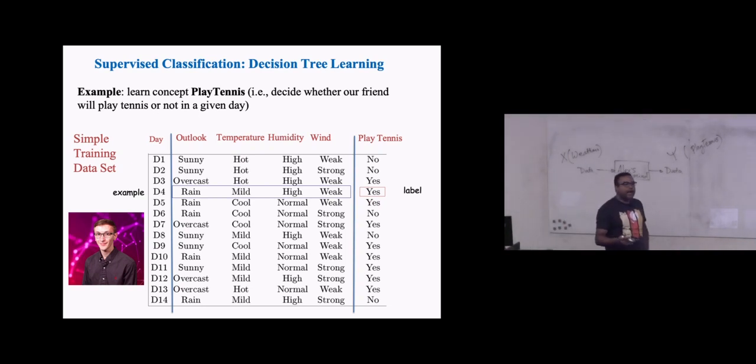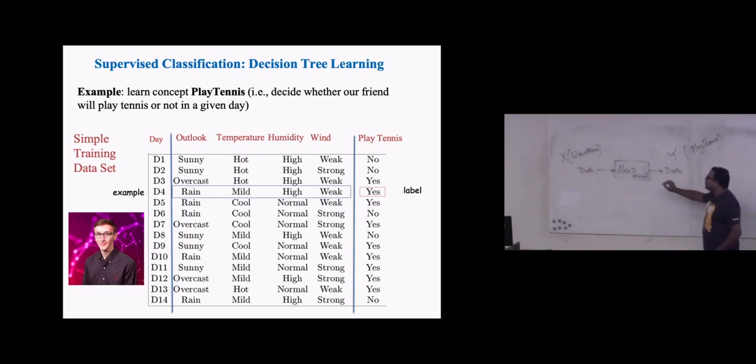I'm making an assumption that the decision whether Alex is going to play today or not is actually based on some weather features, some attributes of the current weather. But I don't really know what feature decides what. Like if it is sunny whether Alex is going to play or not, I don't know. But I have this x and y.